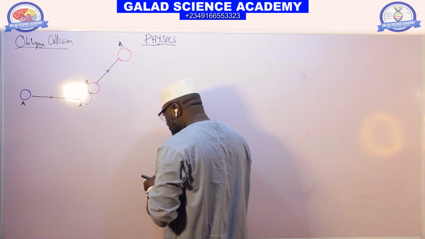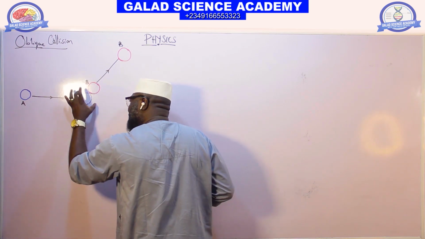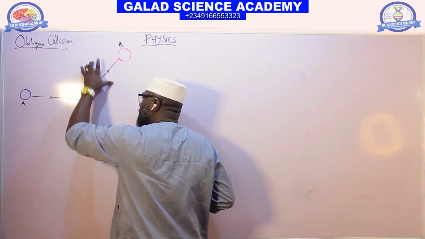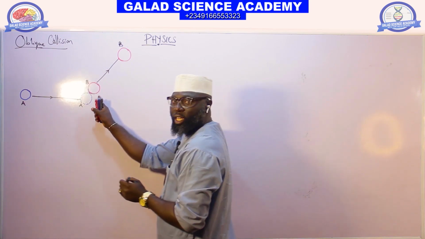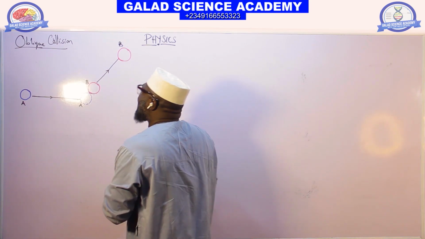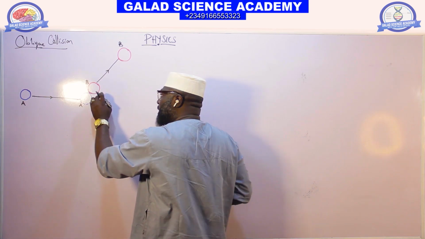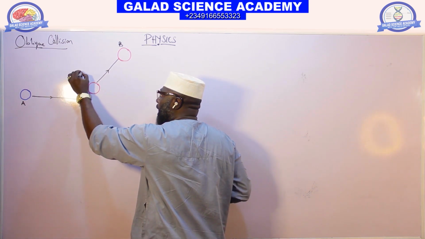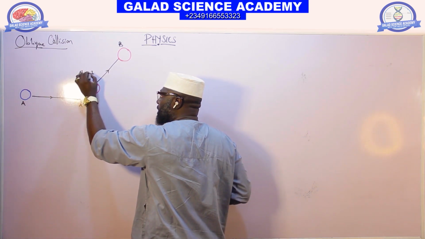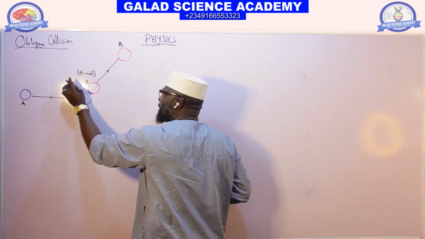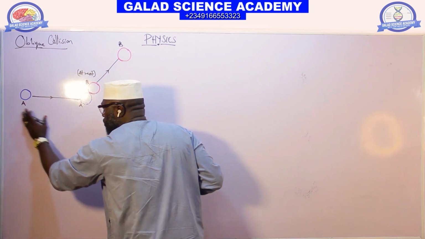When this ball A collides with or hits the ball B, ball B is stationary, at rest. The ball B is at rest, and this one is moving.